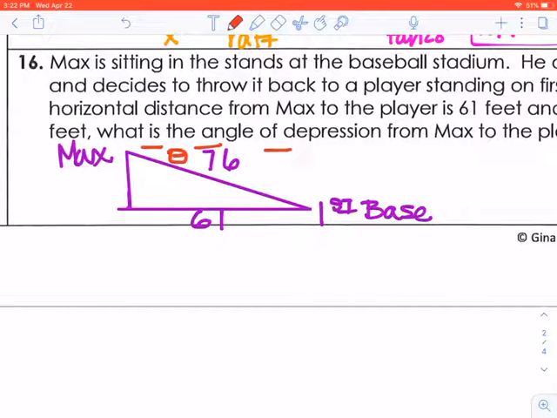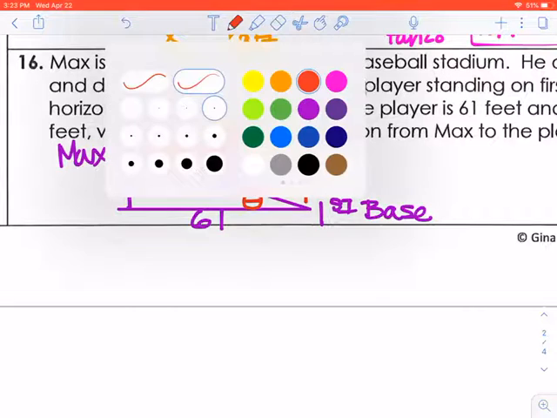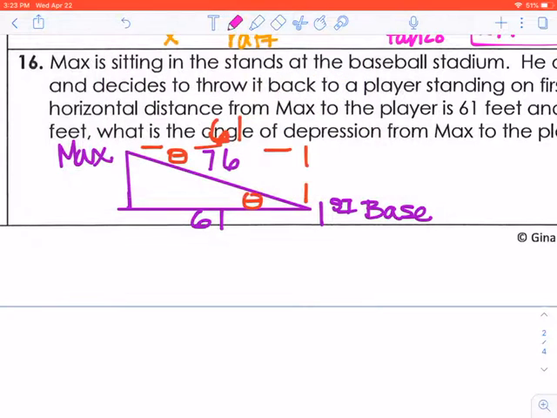I'll call that theta. You can make the rectangle and say, okay, the hypotenuse is 76, the length over here is going to be 61, or you can say alternate interior angles and say that is angle theta. Whether you want to use the red triangle or the purple triangle is up to you. No matter what, the 61 is adjacent, and the 76 is the hypotenuse.